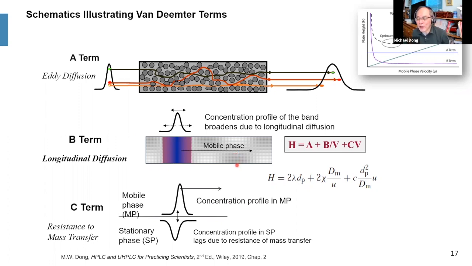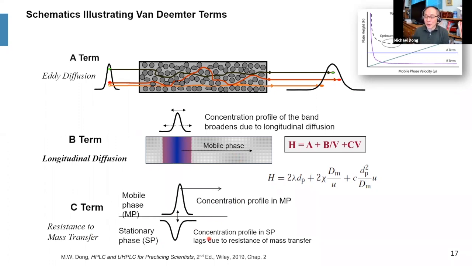Now, you don't want it to be too fast either. If it's too fast, what happens? You have something called mass transfer. Now, what is mass transfer? Most of the problem with mass transfer is what happens when the analyte goes inside a pore, right? Because the mobile phase inside the pore is not moving, it's stagnant.